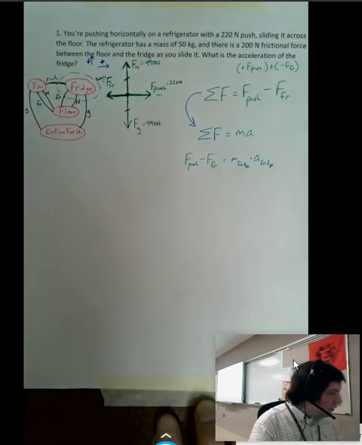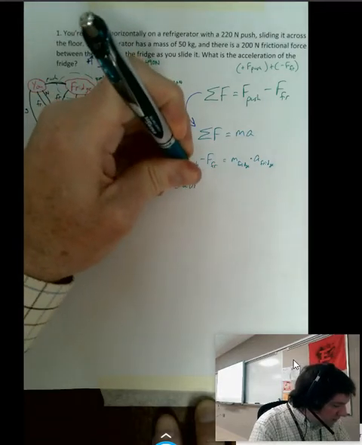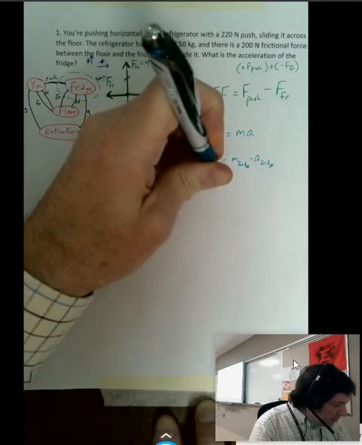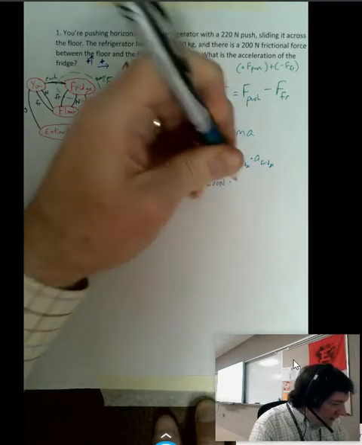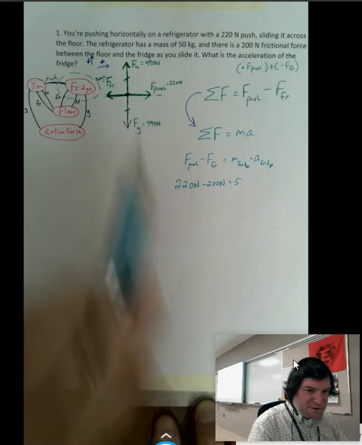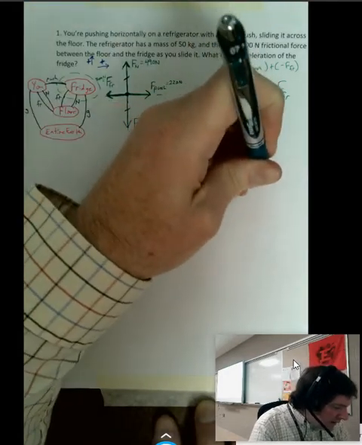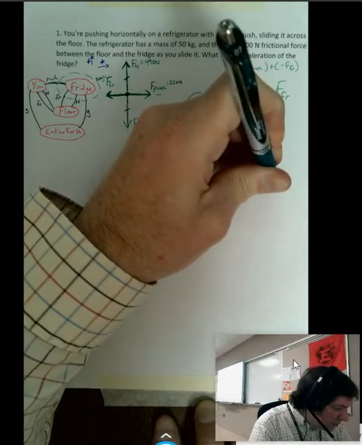And I know a whole lot of numbers here. I know that the push is 220 newtons. I know that the frictional force is 200 newtons. I know that the mass of the fridge is 50 kilograms times the acceleration of the fridge.